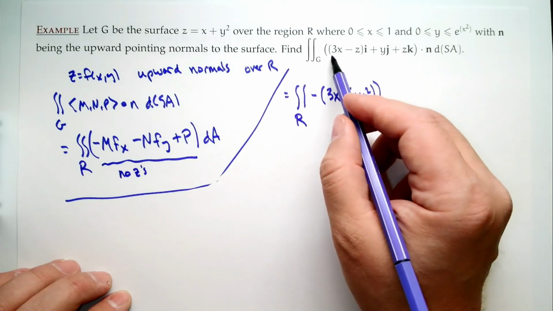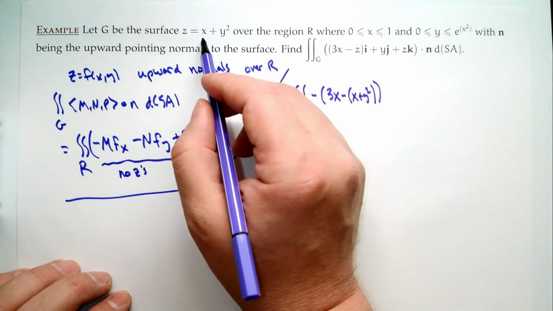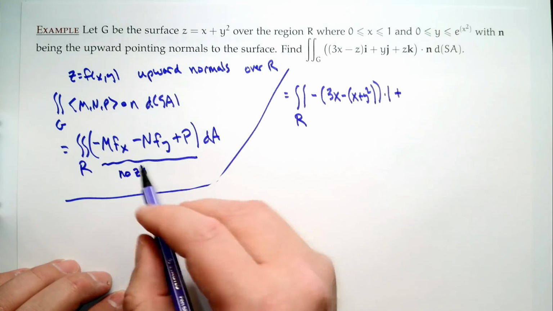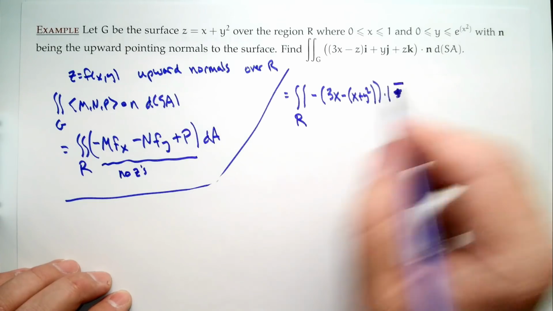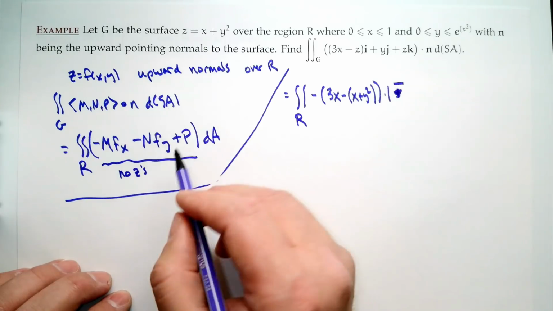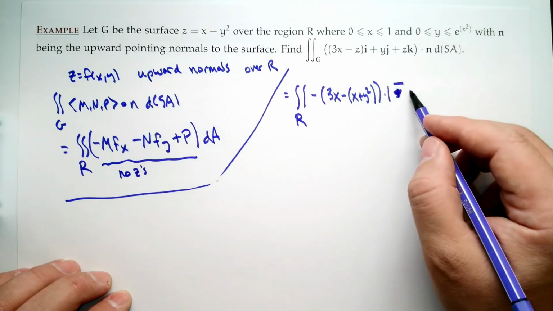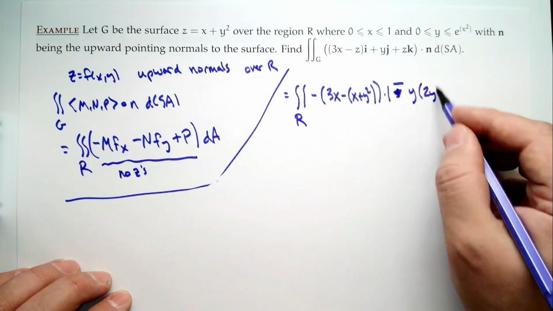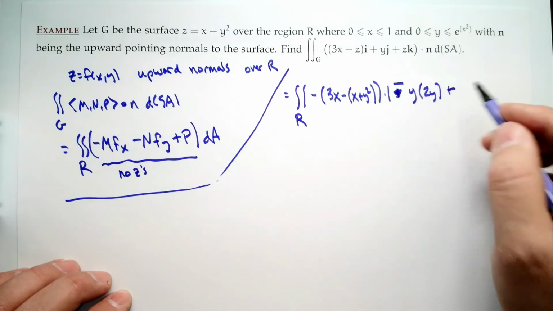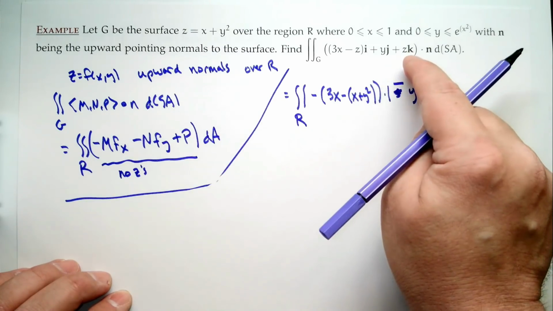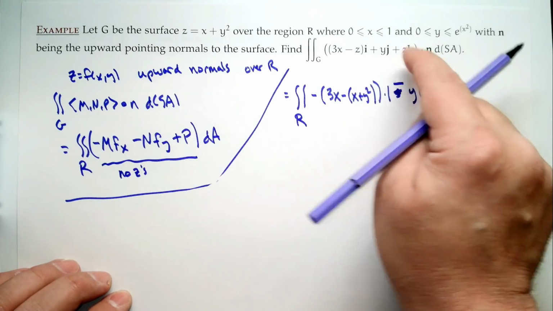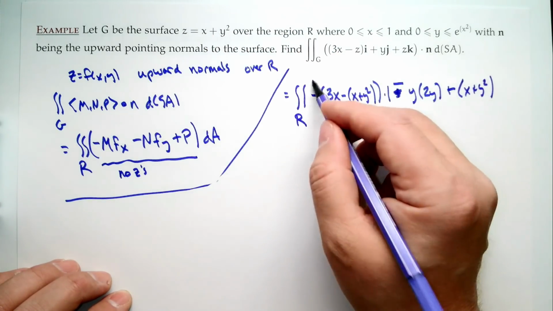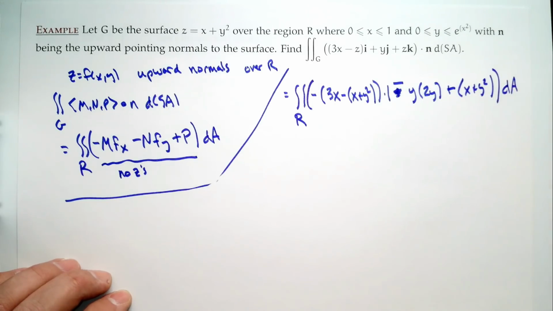So that's minus m times f_x, in this case it's 1, plus, whoops, not plus yet, still minus, so I'm up to that minus n, so here n is y, times f_y, so that's times 2y, plus p. In our case, p is z, but again, we don't want any z's, so we replace that by (x plus y) squared. All right, so that's what we have to find.